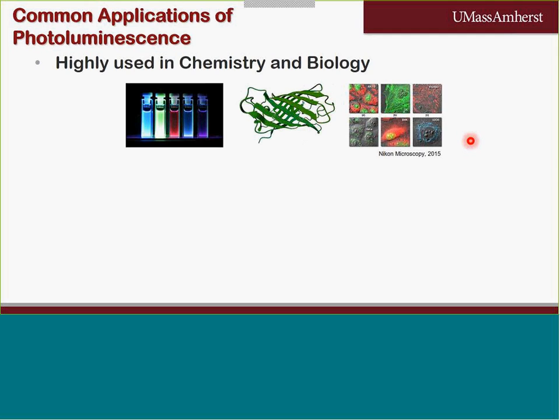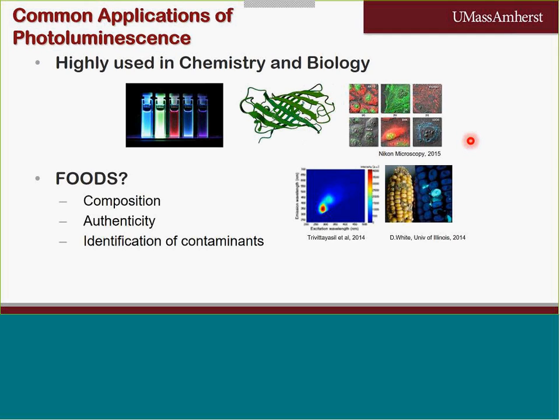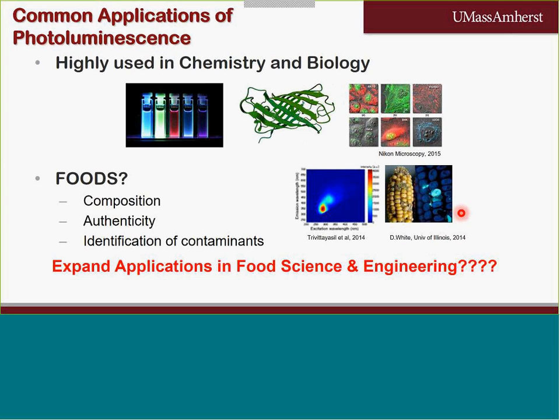However, when it comes to foods, the use of luminescence spectroscopy was basically devoted to composition, authenticity, and, for example, the identification of contaminants, as in the case of mycotoxins in corn. The idea is to expand applications in food science and engineering.